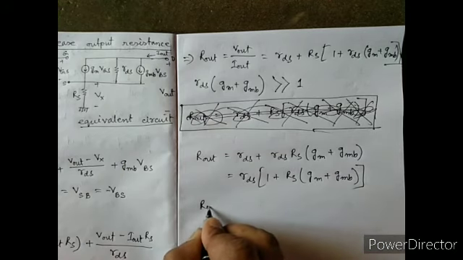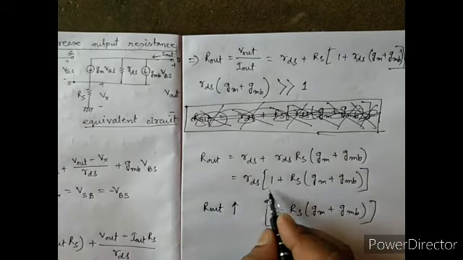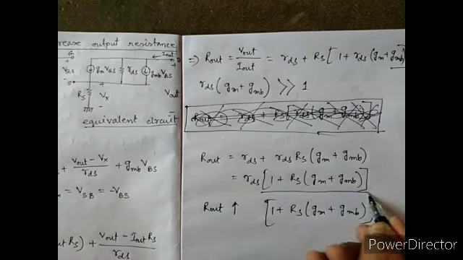So from here we can see that the output resistance R out is increased by a factor of 1 plus Rs into Gm plus Gmb. So R out is increased by this factor.